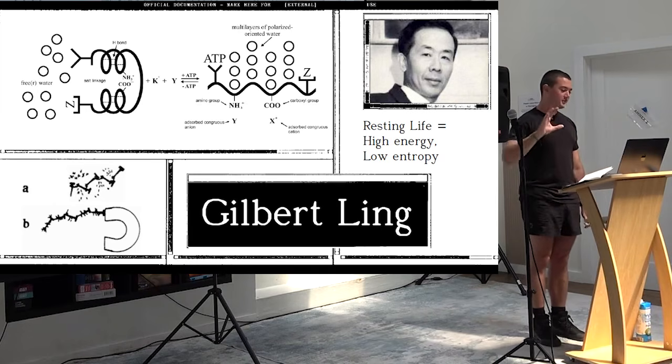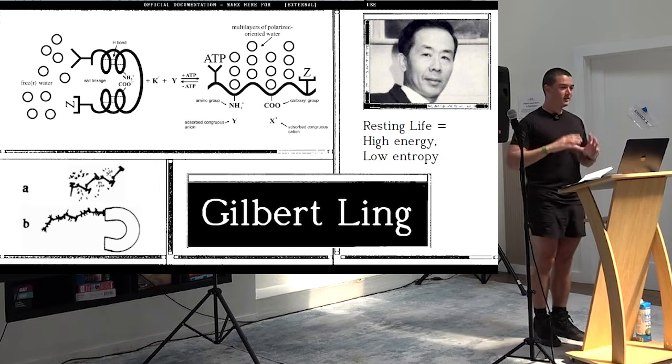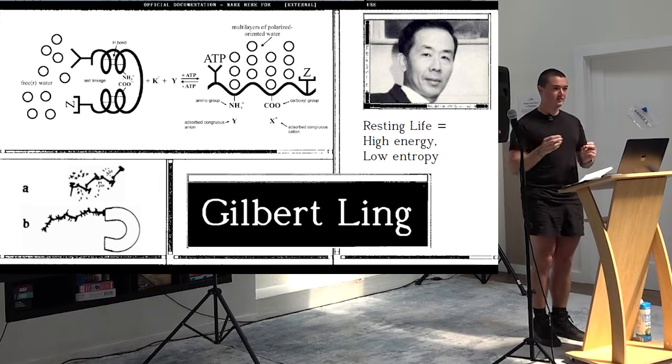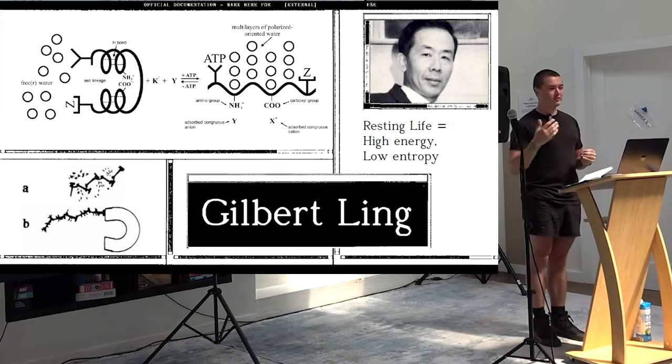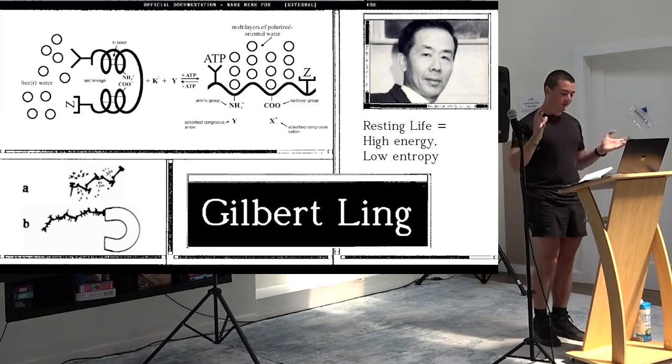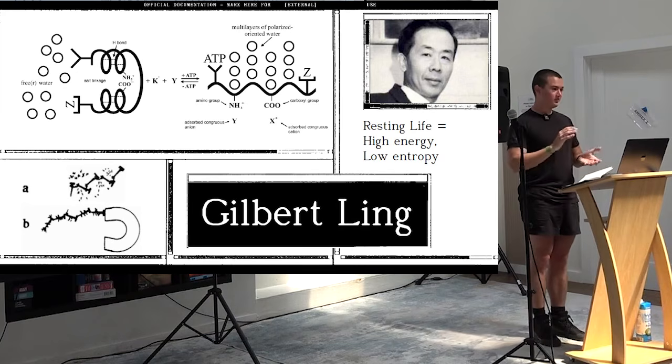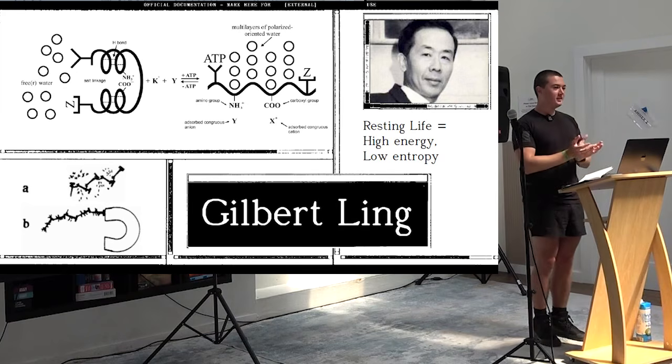So Gilbert Ling thought that in this kind of Jell-O, you didn't need to maintain structure by constantly replenishing energy and doing an active process of putting everything back together. He thought of life more as a state than a process, a high energy, low entropy state with almost structural energy that could be tapped into.